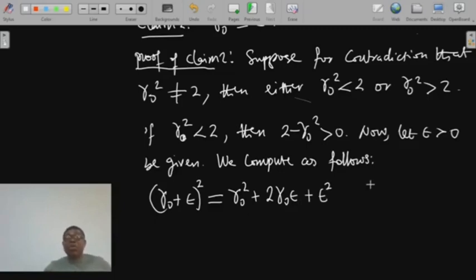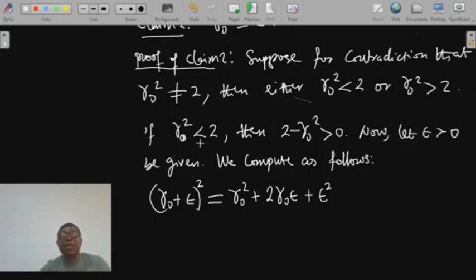What am I trying to achieve? The idea here is that we assume that gamma naught squared is less than 2. Remember, we are assuming for contradiction that gamma naught squared is not equal to 2. So this led to having that either gamma naught squared is less than 2 or gamma naught squared is bigger than 2.